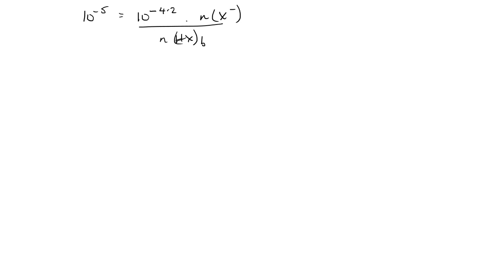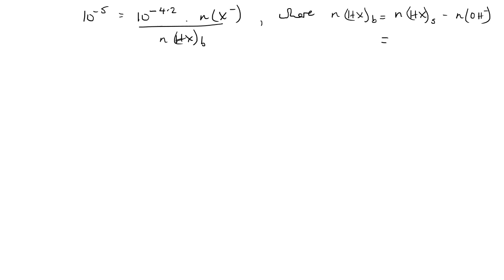But what we do know is that the moles of ethanoic acid in the buffer equals the moles of ethanoic acid at the start, when we dumped in 100 cm cubed, minus what reacted away, minus the moles of our hydroxide ion. That's what we reacted away, and this is the unknown. Okay, so we can just work that through.